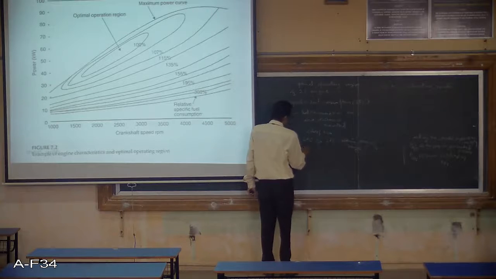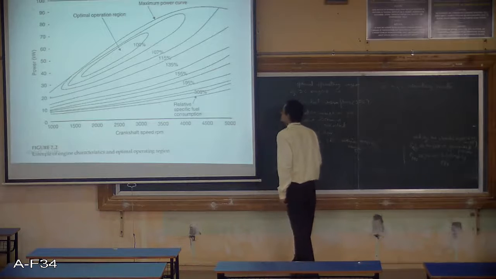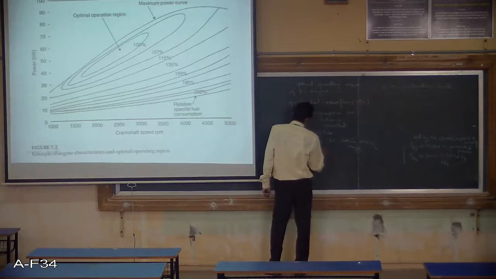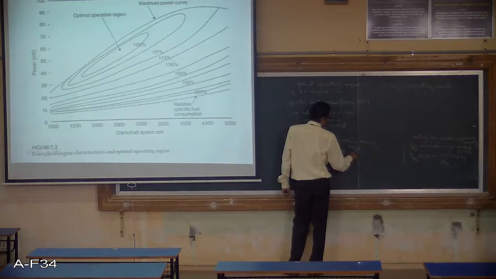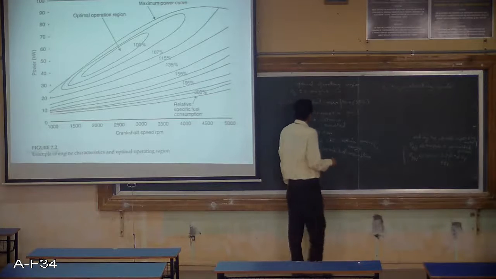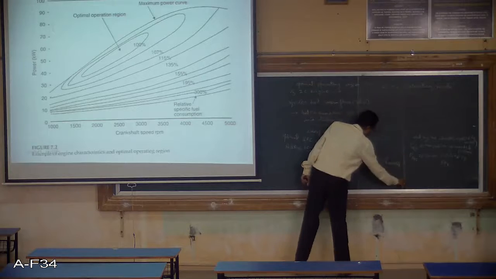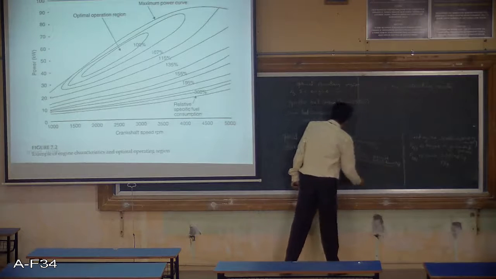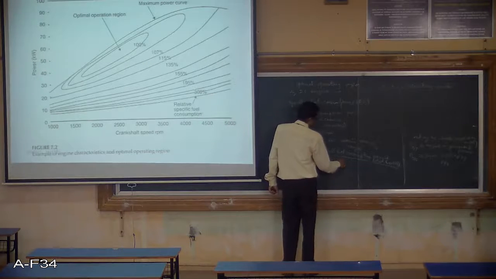specific fuel consumption, this is calculated as actual fuel consumption per unit distance traveled divided by optimal specific fuel consumption.